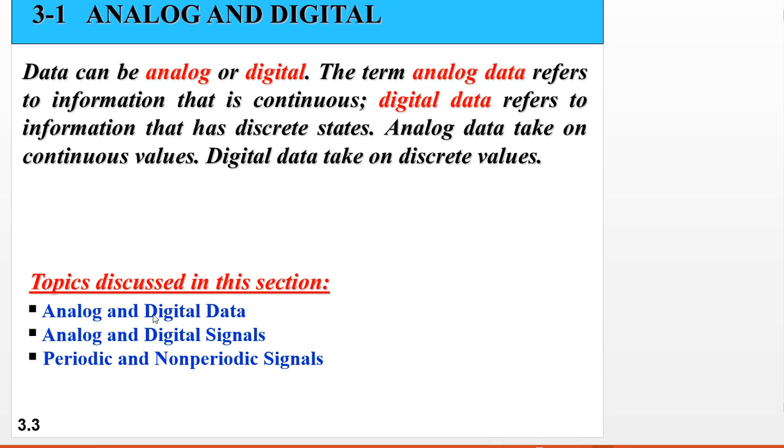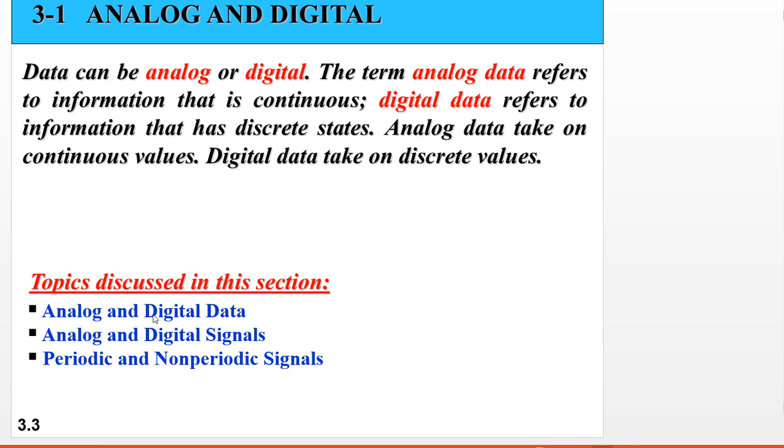Fine. Now the data are available in two forms. One is analog data and another one is digital data. Data can be analog or digital. The term analog data refers to information that is continuous.